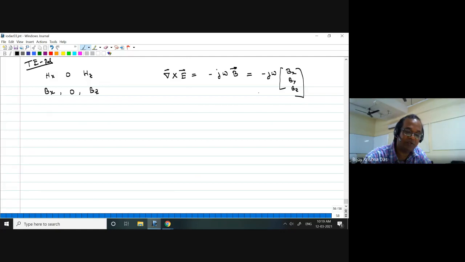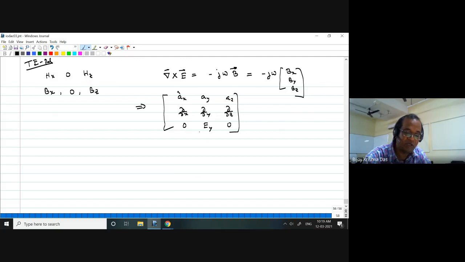And curl E, we can write something like this: ax, ay, az, then del del x, del del y, del del z, and then you have to write 0, Ey, 0, because only the Ey component is there.